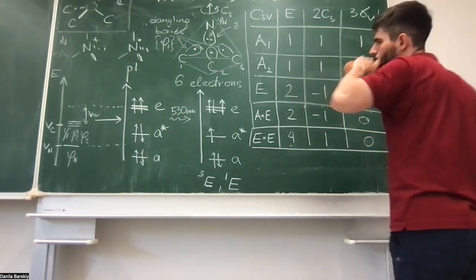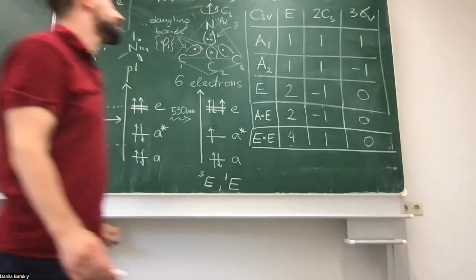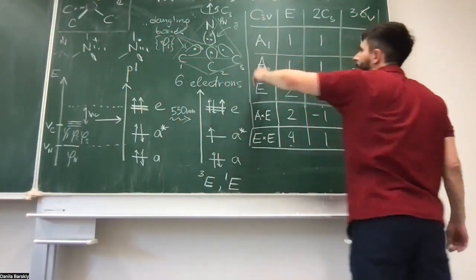No, it's the C3v group. In C3v, you can Google it. Does it call it E or E1, E2? Yeah, they call it A1 and A2.